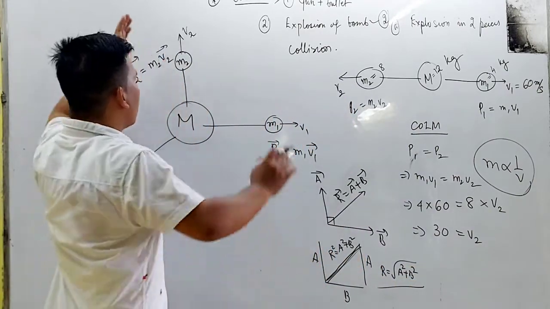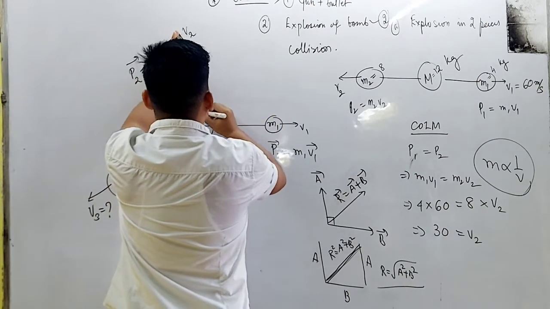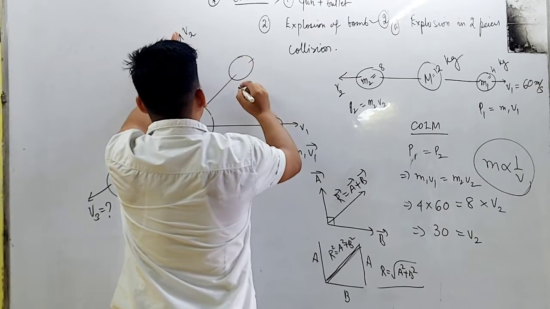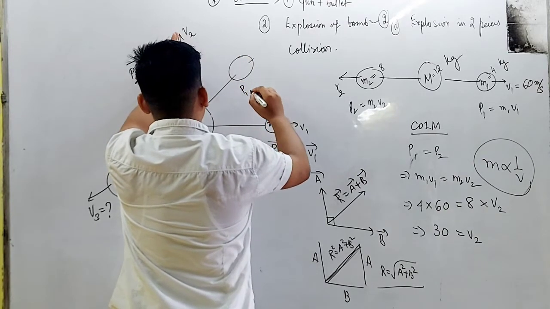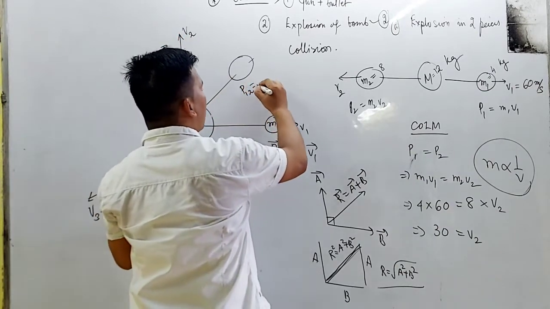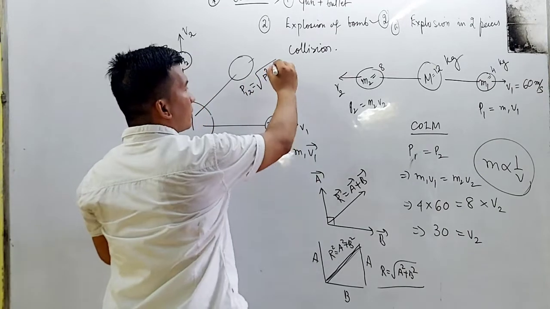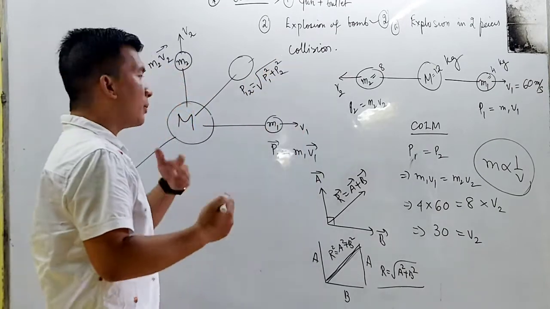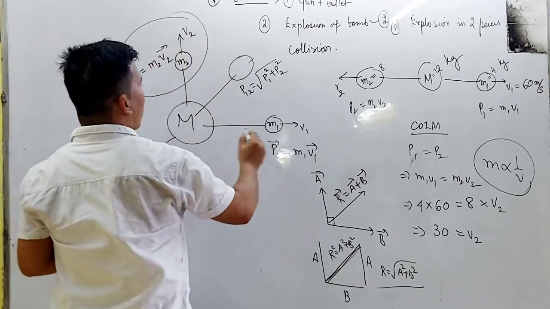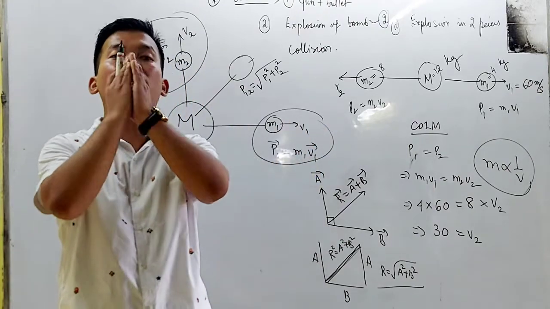Very simple. The resultant momentum of the first and second fragments will be in this direction. Can we write it as P1 square plus P2 square? Basically the momenta of the two fragments are now reduced to one single combined resultant.